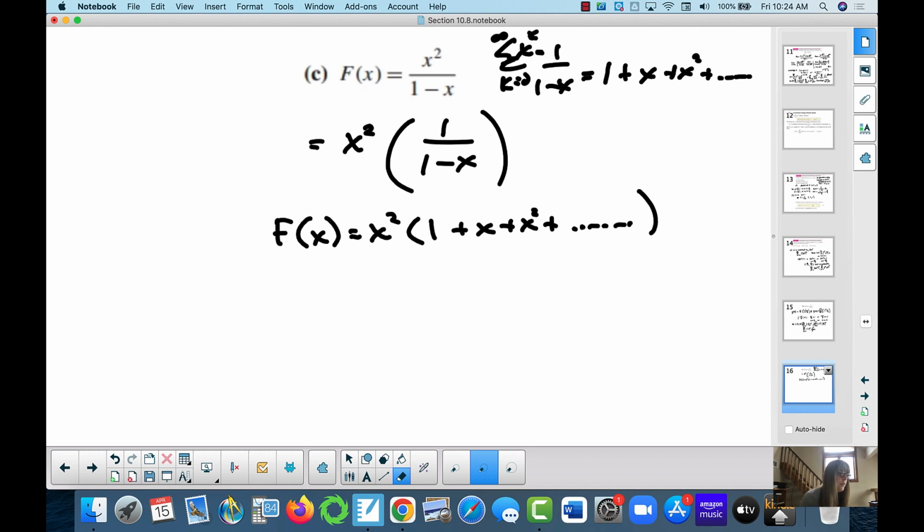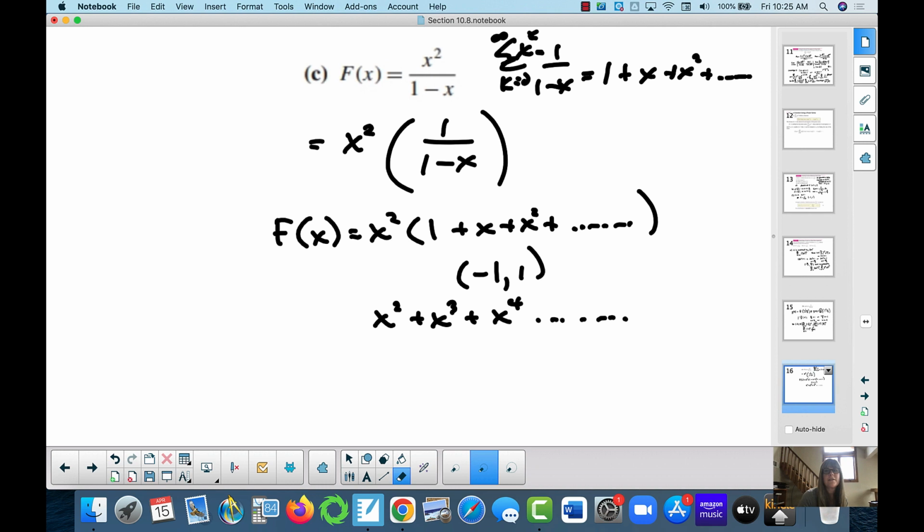So that just means that in that same interval, this sum right here is the same as, if I multiply that x squared through, I get x squared plus x to the third plus x to the fourth, and so on.